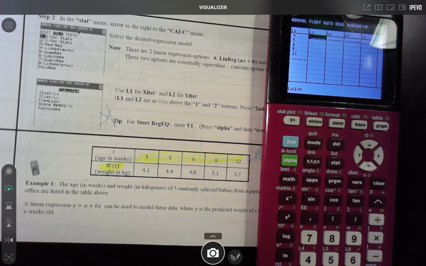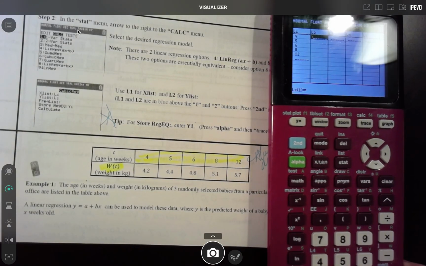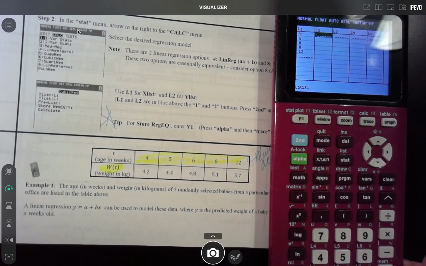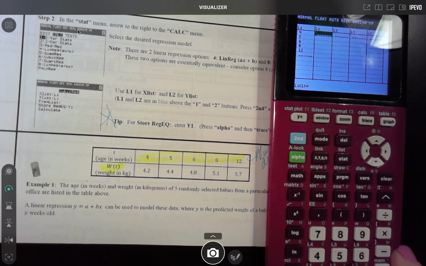The example is actually about 5 randomly selected babies and how much they weigh for how many weeks old they were. So 4.2 for 4 weeks, 4.4 for 5 weeks, 4.8 for 6 weeks, 5.1 for 8 weeks, and 5.7 for 12 weeks. So double check that you have those numbers in right: 4.2, 4.4, 4.8, 5.1, and 5.7.